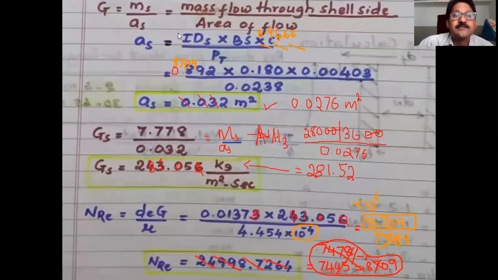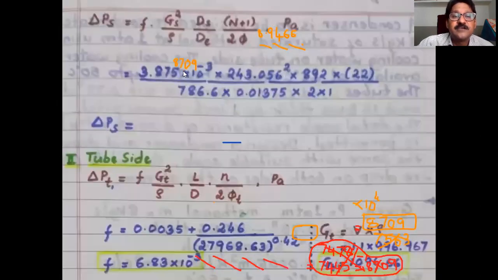Write the value of Gs. Next I'll write all the values now. This is 8.946.